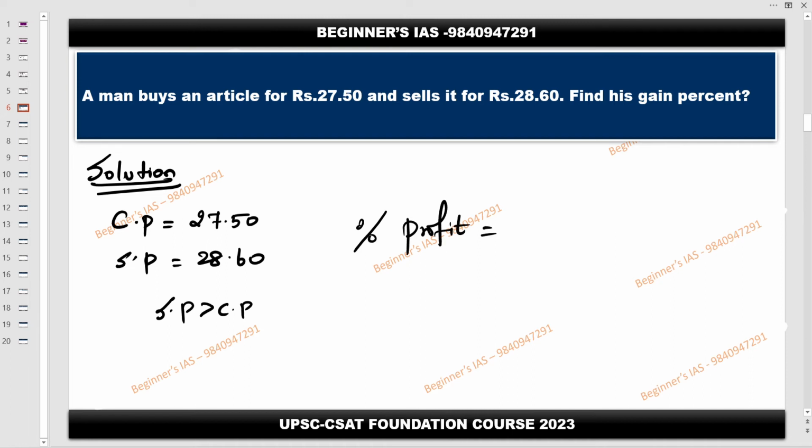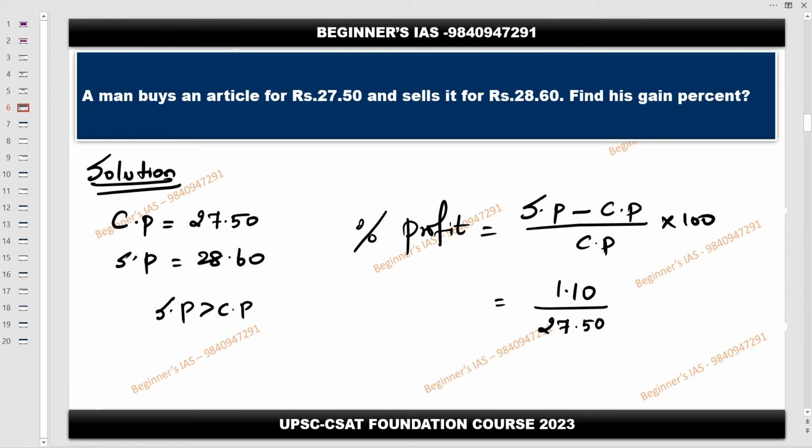Then the profit percentage is equal to SP minus CP by CP into 100. No doubt with this, right? So what is the difference between these two? The difference is nothing but 1.10. The CP is 27.50, then into 100 percent. So you can calculate here: in the numerator we are containing two zeros, therefore 110 by 2750 into 100.